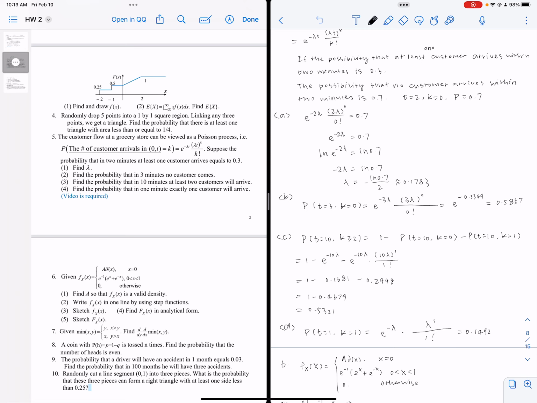And pretty much we get e to the power of minus 3 lambda. And 3 lambda to the power of 0 is 1, and the denominator is also 1. So we have eventually 0.5857.